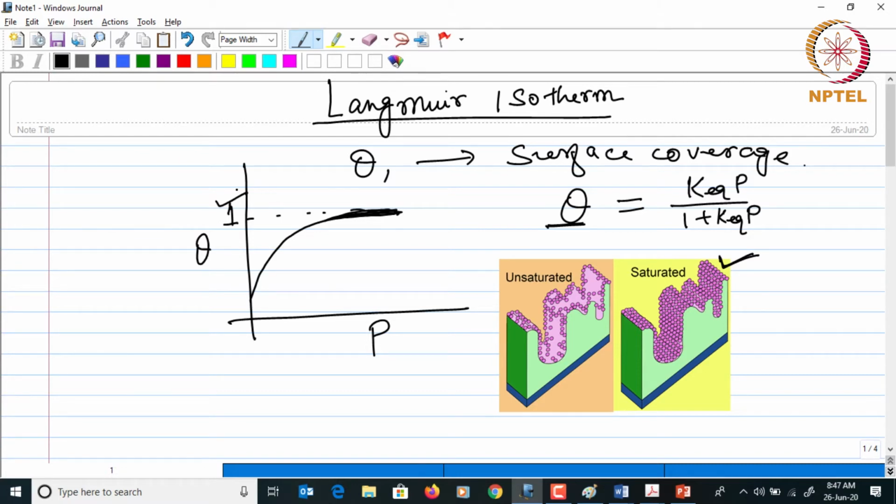And from this we have also derived the equation which correlates the pressure with the volume, and that equation is given as this.